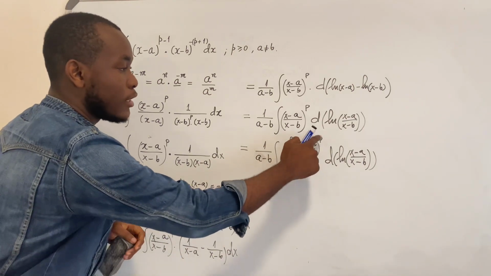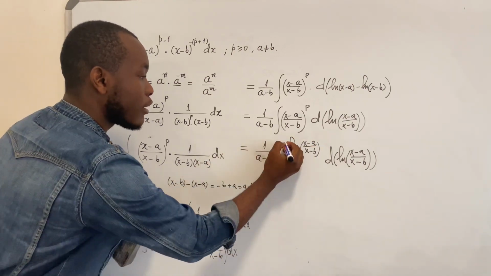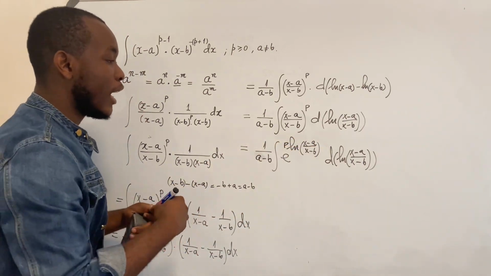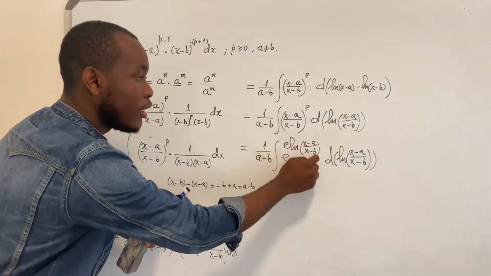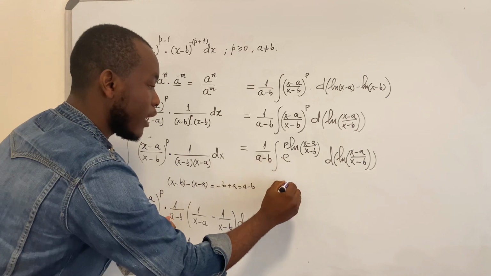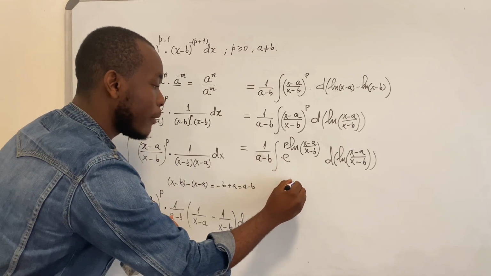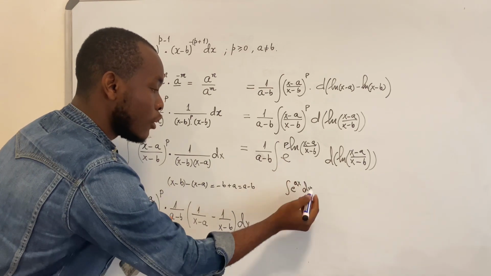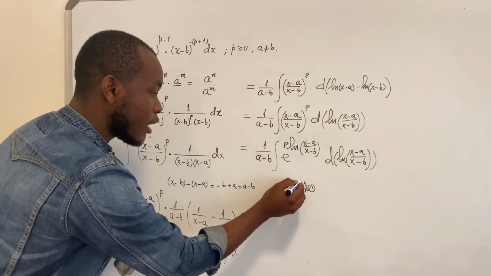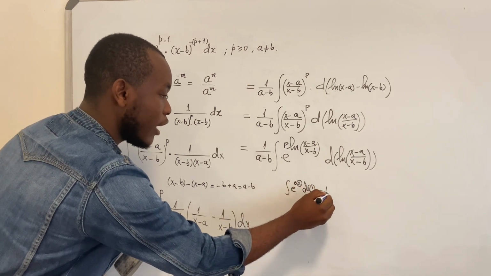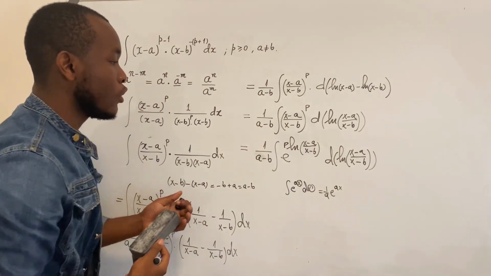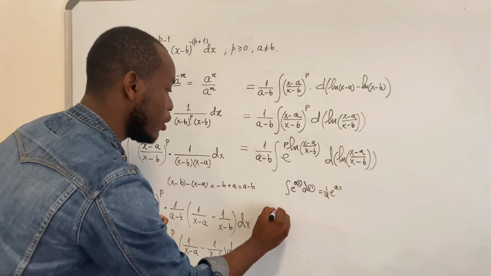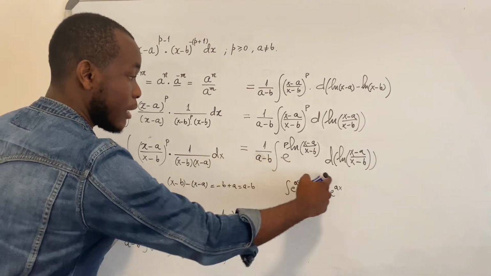Now this p that is in the exponent I can send to the back. Now I have Euler to the power p ln of something, d of that thing. This reminds me of the integral of Euler to the power ax dx. My argument is the same as the exponent. It's 1 over a, the constant, Euler to the power ax. So it's the same here. So that means our answer will be equal if we apply the same approach here.